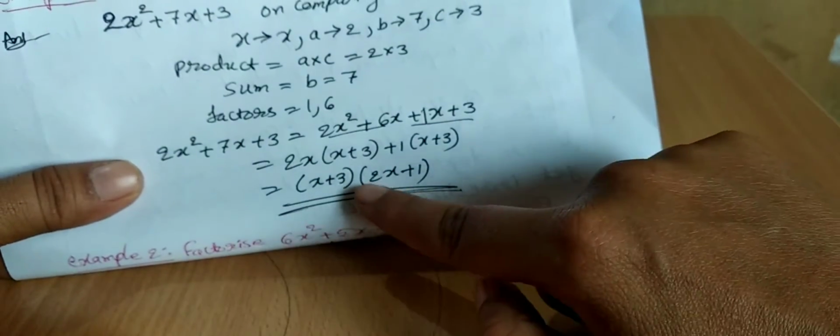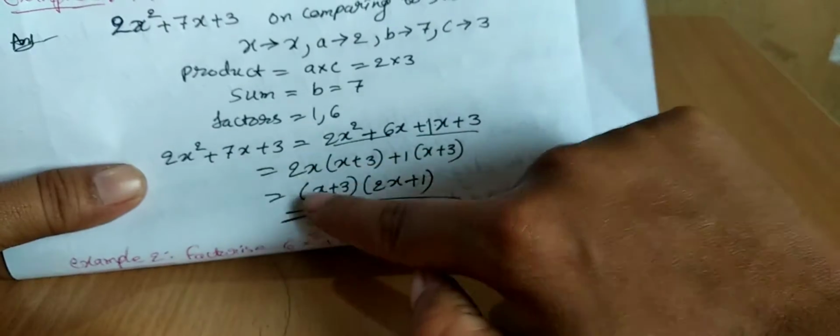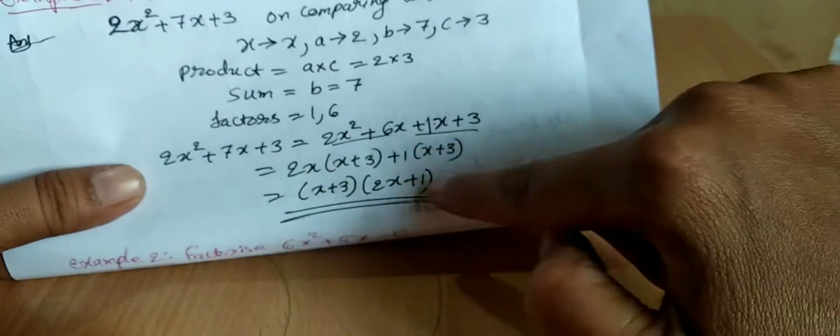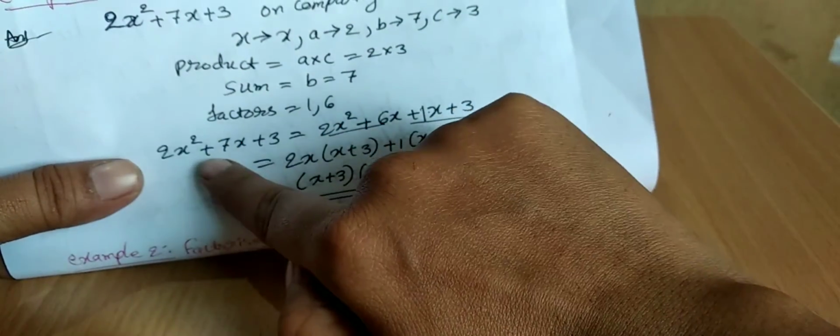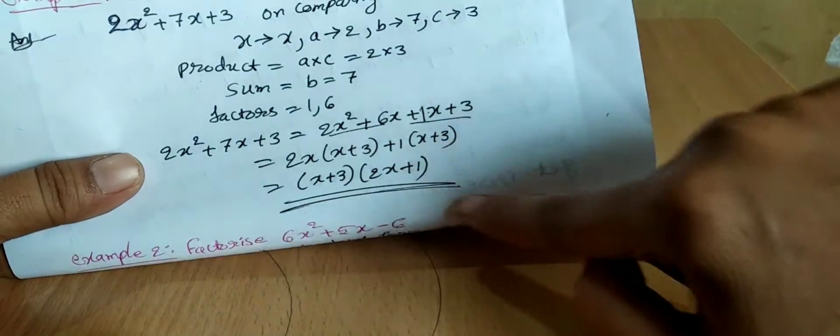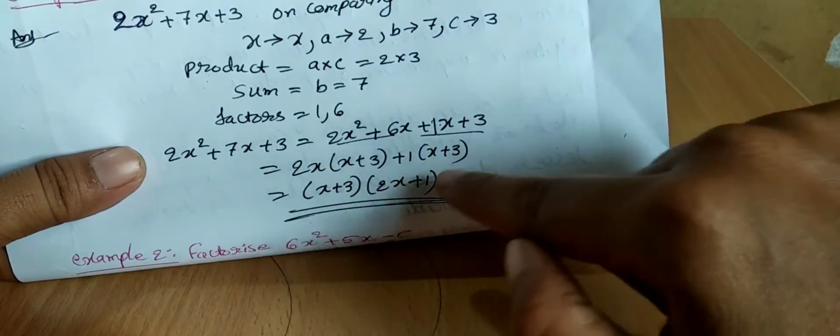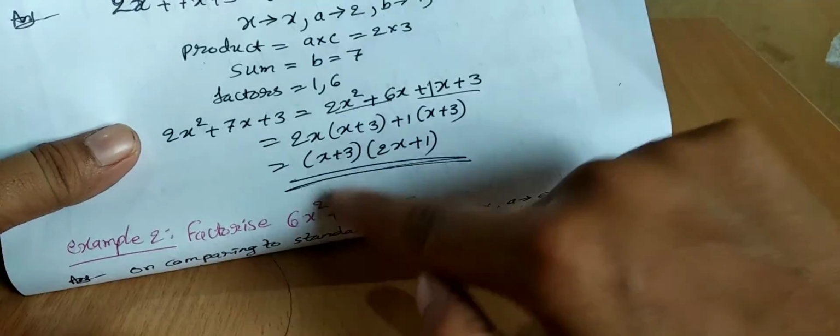So 2x² + 7x + 3 is factorized to (x + 3)(2x + 1). These are irreducible factors, and I can't factorize them further. They are expressions of lesser degree than the given expression. So this is the answer. We got both algebraic expressions as factors of the second degree quadratic polynomial.